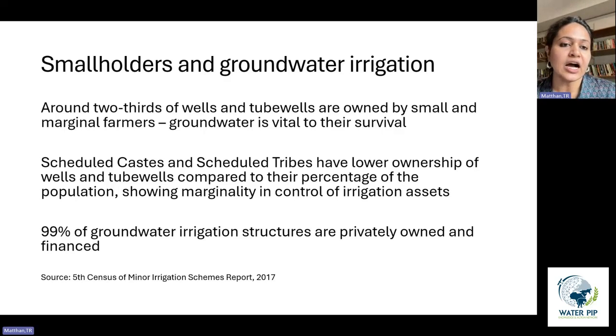Within that, however, scheduled caste and scheduled tribes, oppressed caste and oppressed tribal communities have lower ownership of wells and tube wells compared to their percentage of the population. So there is significant marginality in terms of their control and ownership of irrigation assets. Even among smallholders, oppressed caste communities are marginalized in terms of their access to irrigation.